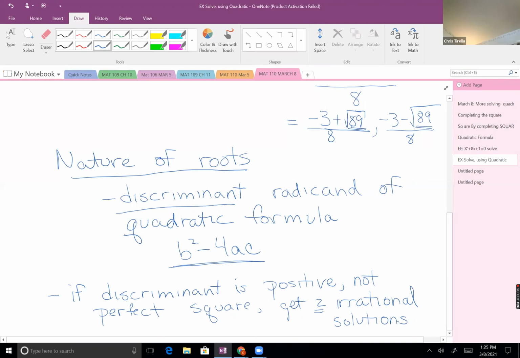What we got underneath the square root symbol was a positive number that was not a perfect square.